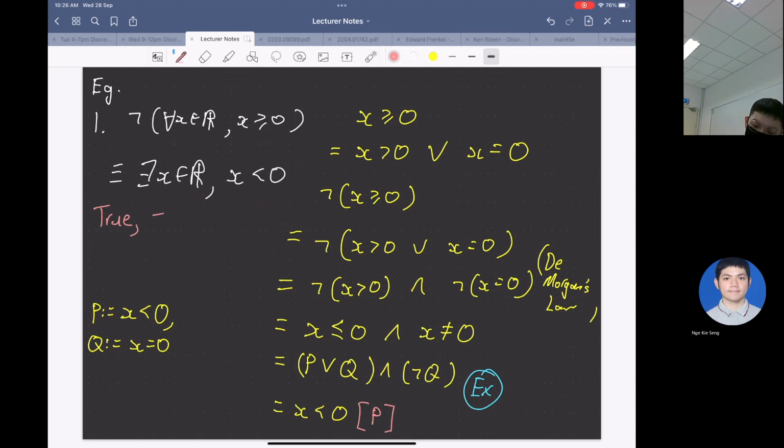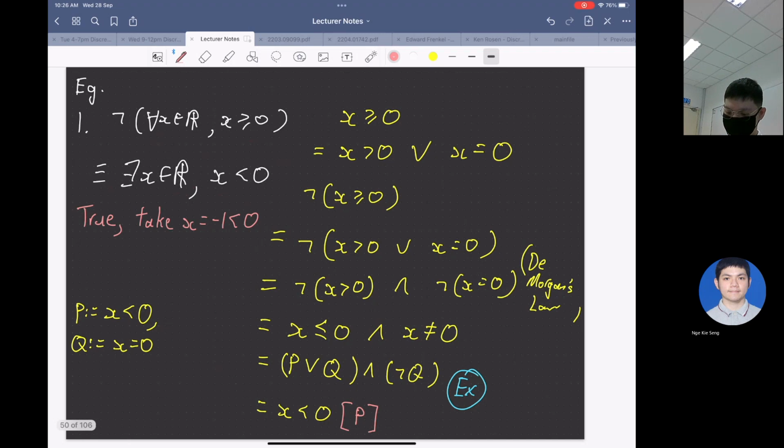Take x to be -1, which is less than 0. For there exists, you just need to find one if you want to show that it is true. Good.